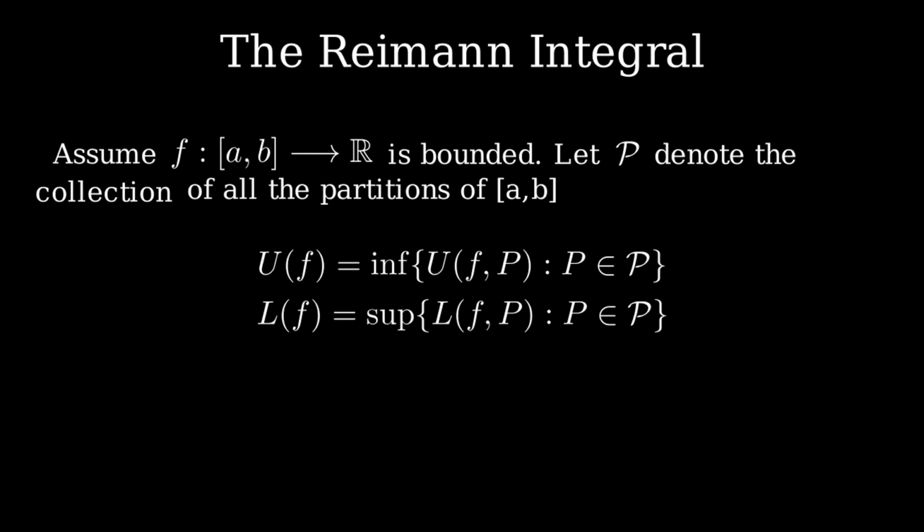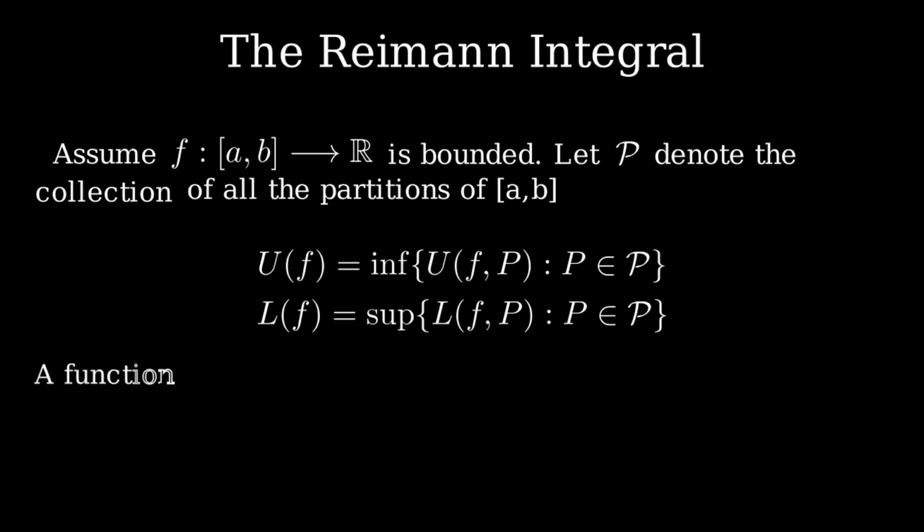These are the best approximations for the area from above and below. We have made the upper sum as small as we can, approaching the area from above, and we have made the lower sum as big as we can, approaching the area from below.